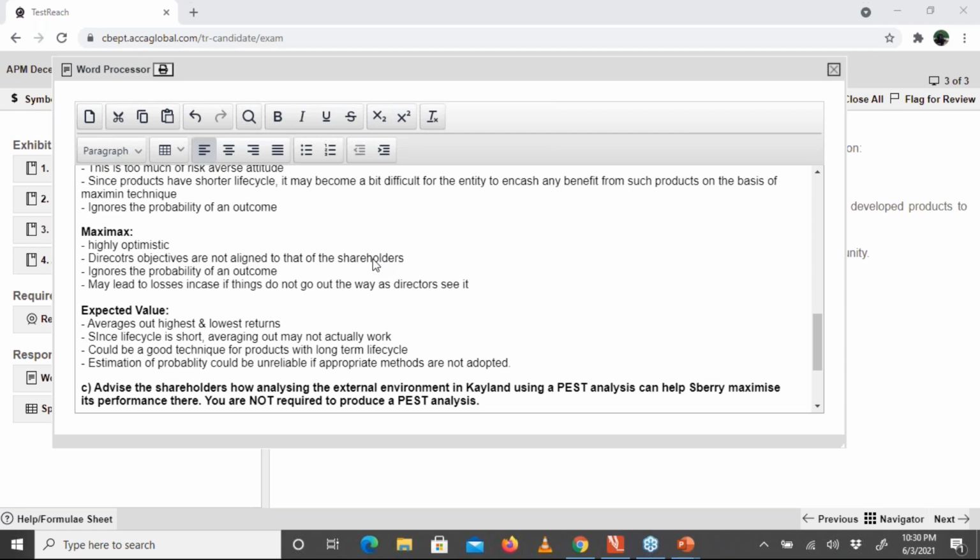Just explain attributes of PEST analysis linking to the scenario. Rebecca, you are saying benefits of PEST. Aaron, how can PEST analysis as a tool help to maximize performance? Okay, what else?